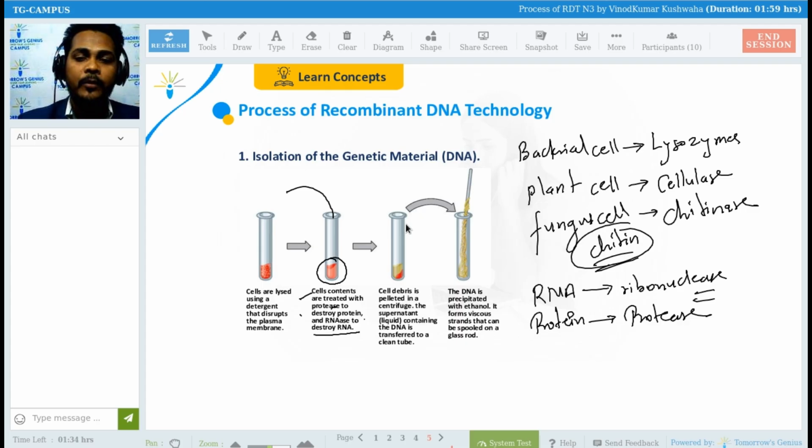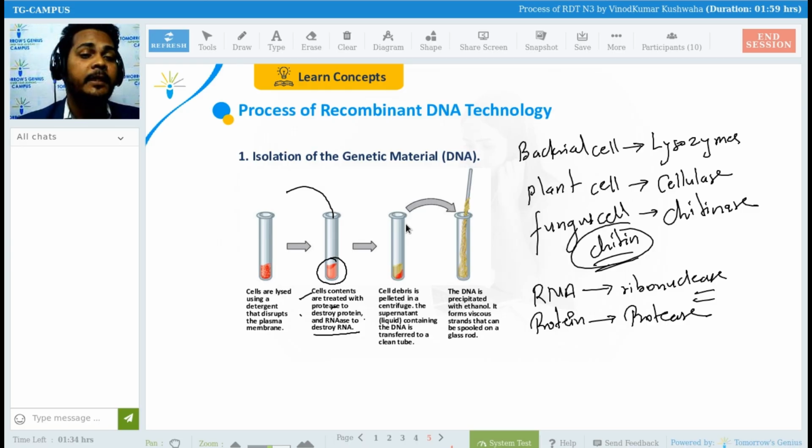Clear? Now your genetic material is pure in the form of DNA.